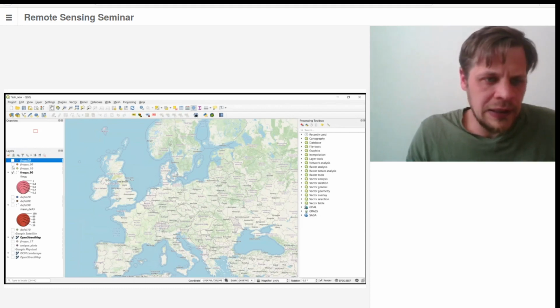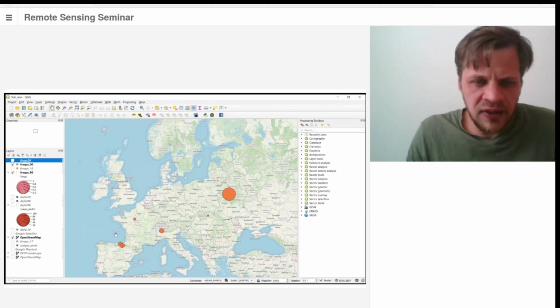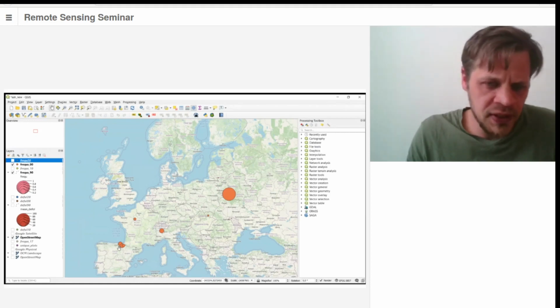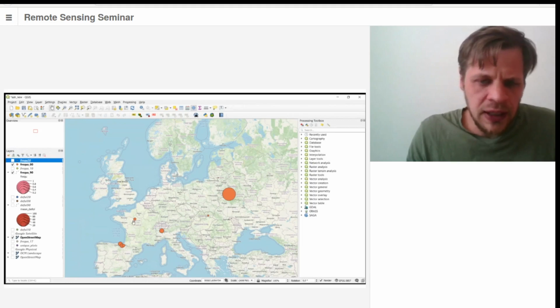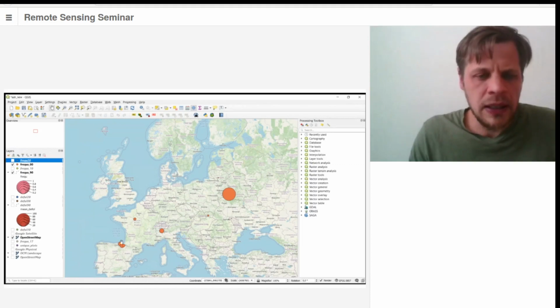Then until the year 2000, we had some mortality here in the southwest, a little bit in northern Italy and France. This was certainly not related to ash dieback, because ash dieback did not occur in this area.